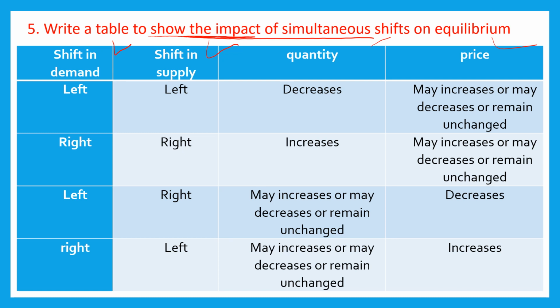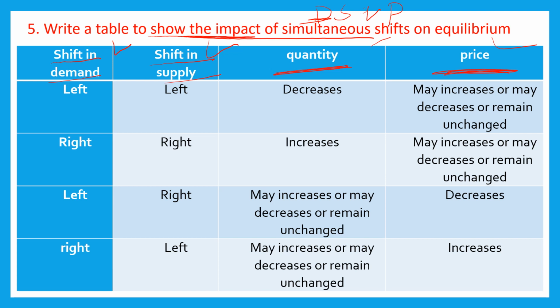To remember this, we can remember the column heads like this: D, S, Q, P. D stands for shift in demand, then shift in supply, then quantity, then price. So you have to write down like this only.